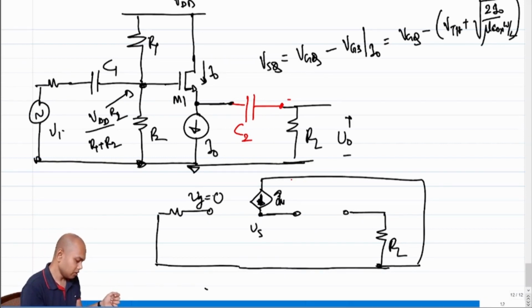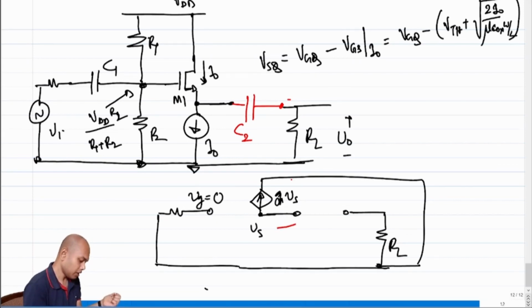So Vg is equal to 0. So this is Gm times Vgs, which is Gm times minus Vs, which means I can flip the direction and make this Gm times Vs.